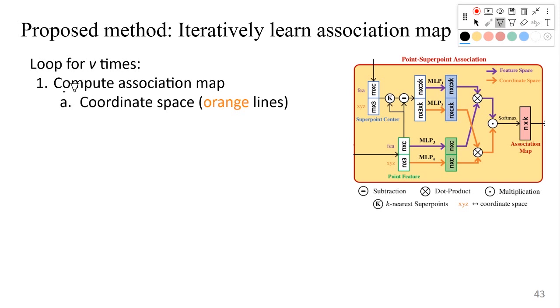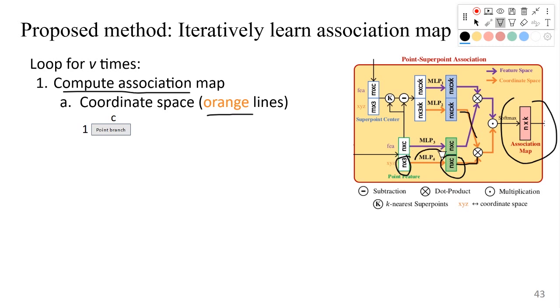So let's see this one. We will compute the association map here. To get this, first we compute the association map in the coordinate space. See the orange lines here. In the orange lines we have the original point cloud, mapped by using MLP into embedding dimension C. And to make the explanation simpler, I draw only one point, for every single point here.